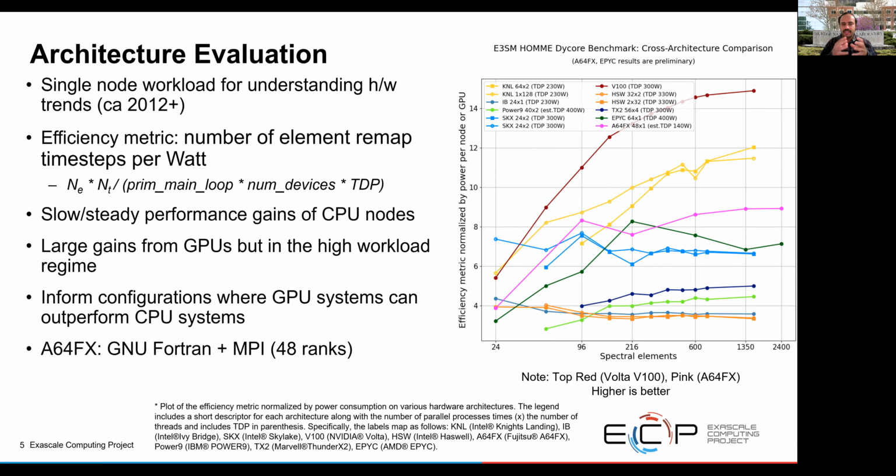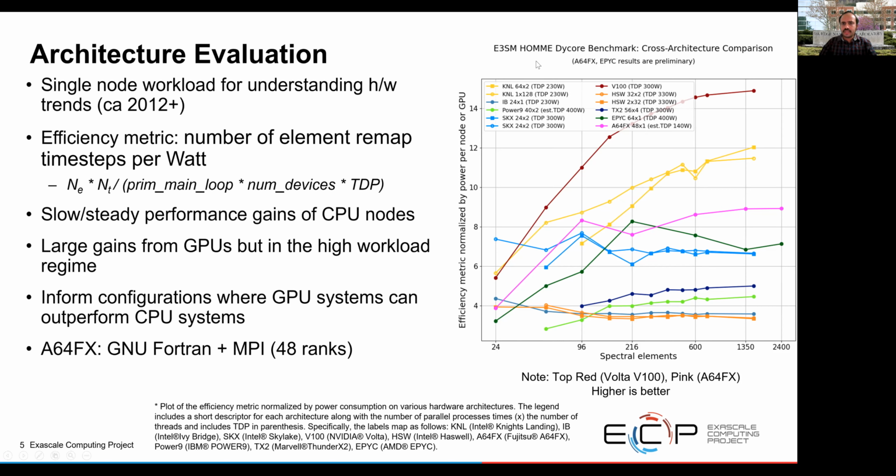This is the number of element remap time steps per watt. The expression is derived by the number of spectral elements times the number of time steps divided by the main loop timer, and we are using the TDP of different architectures as a proxy. With all the caveats that TDP brings, that is an approximate estimate for the performance per watt metric.